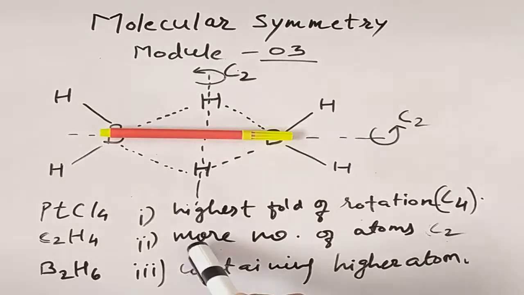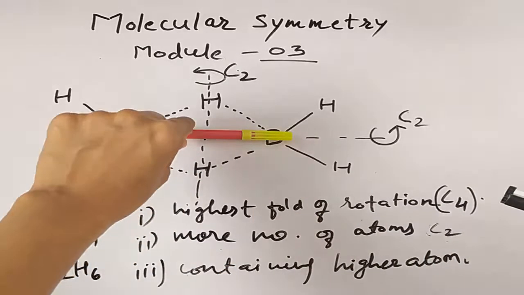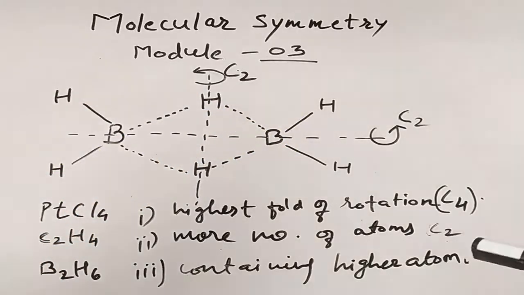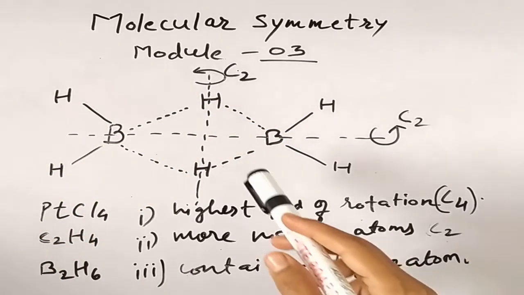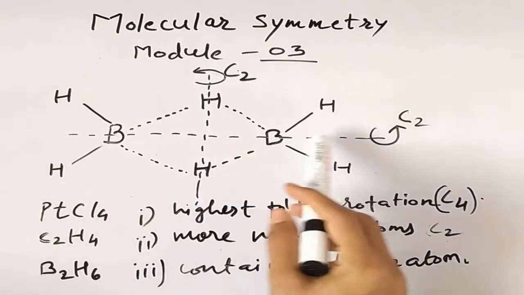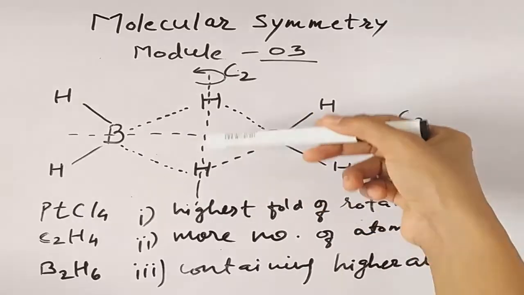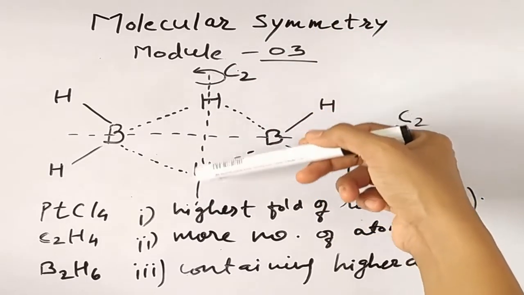Now according to the second rule, what is our second rule of determining the principal axis? If the lines have the same fold of rotation, then the line that contains more number of atoms becomes the principal axis. Now according to the second rule, we cannot determine the principal axis here, because this line is passing through 2 boron atoms and this line is also passing through 2 atoms.